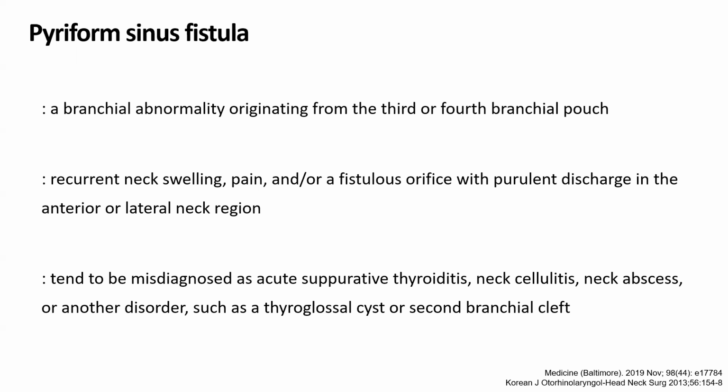As I mentioned earlier, inflammation of the thyroid gland is not common. So if there is recurrent inflammation, you should consider the possibility that this disease may be underlying. Characteristically, if a child has recurrent inflammation of the thyroid gland, the disease should be considered.